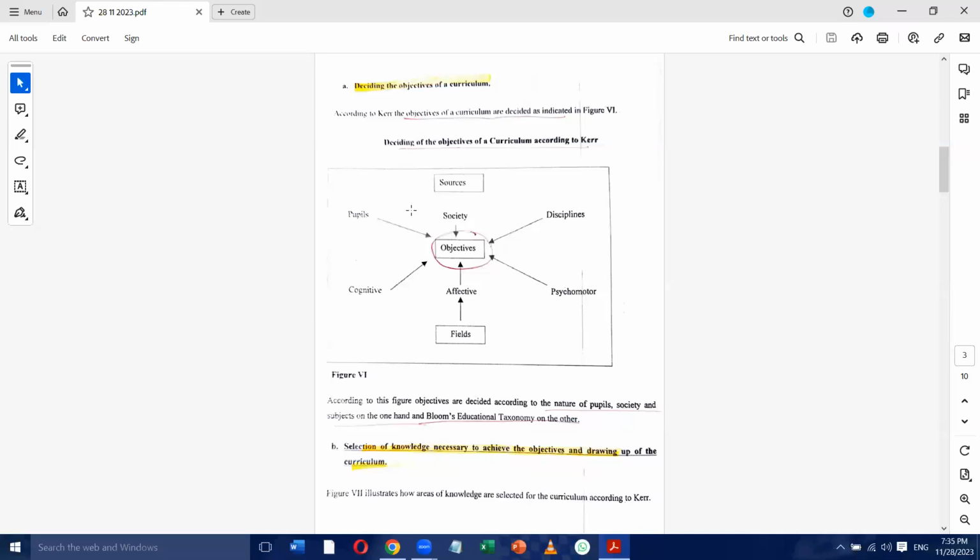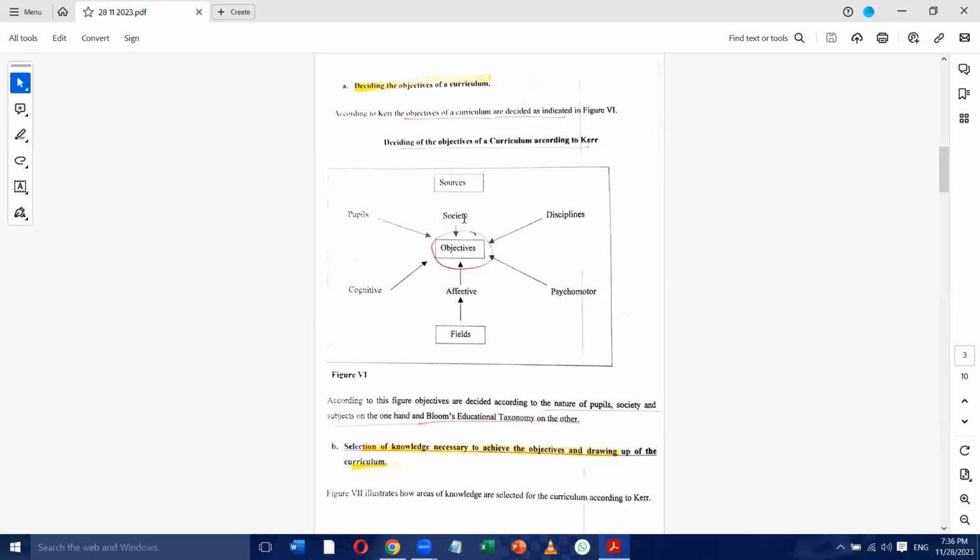It's like that, right? So there are some sources, there are some fields. You should consider all these, and not only these, Kerr has pointed out some. In your case, or in our scenario, or in any case, there can be some other points also to be taken into consideration while deciding the objectives.